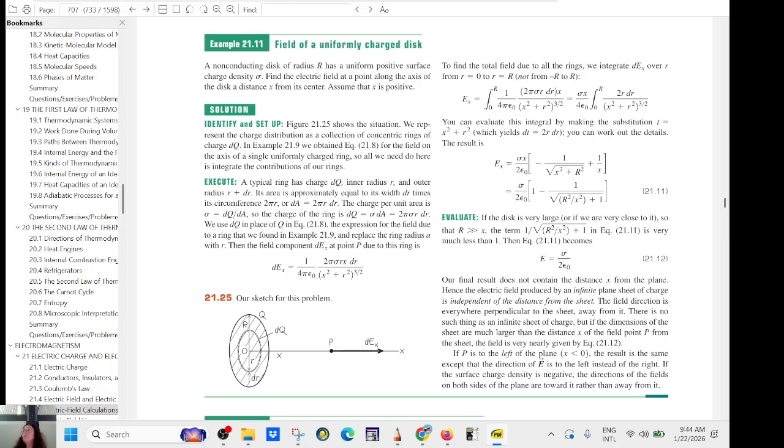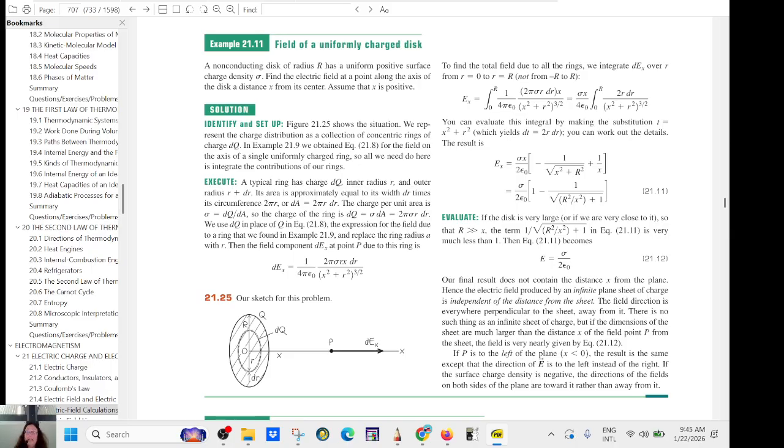Next time I will show you a demo to prove that if you are not very far from the surface, the electric field is constant. It does not depend on the distance, and it's just the density divided by 2 epsilon 0. And if you are very, very far away, everything happens like you just have one charge, and then you say kq over distance squared.